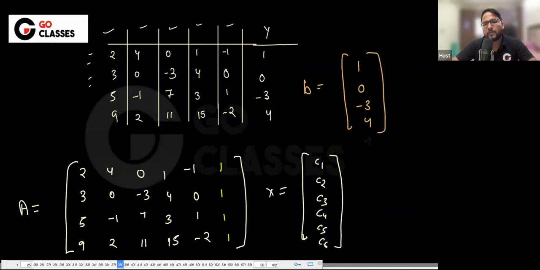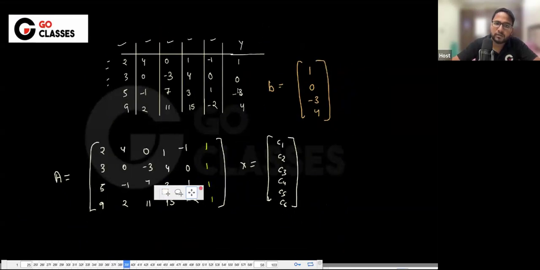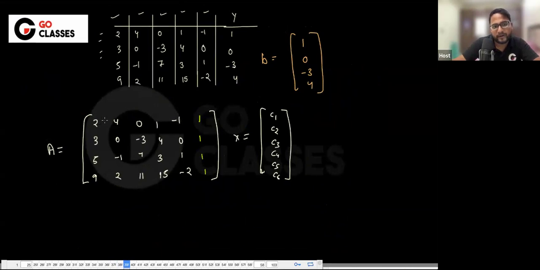What are we interested in? We are interested in finding the coefficient X. Understood? We want to find this X, or in other words, C1, C2 to C6. All of this we want to find out. I'm writing this whole thing in matrix notation so that later it will be easy for me.